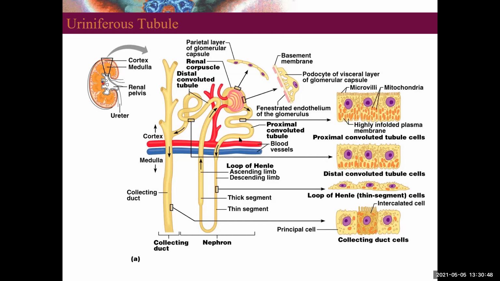So which one do you think is in the outer cortex part of the kidney and which one is in the inner medullary part of the kidney? Between the glomerulus and the tubules? So glomerulus are in the cortex or medullary region? The cortex. Good. That is in the cortex. And all other structures are in the medulla.